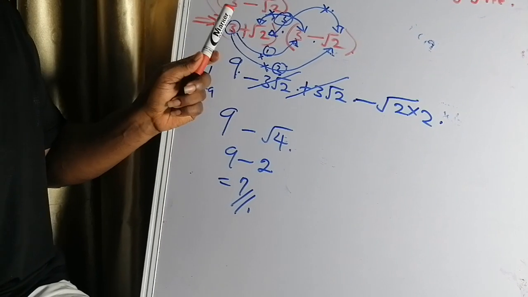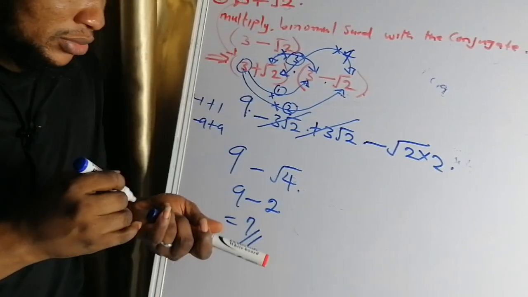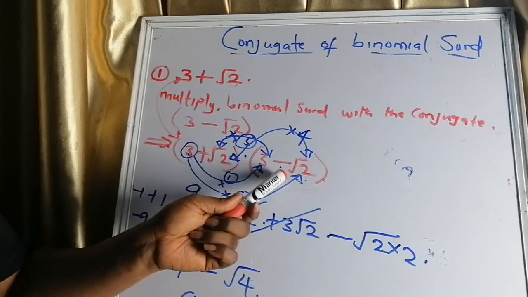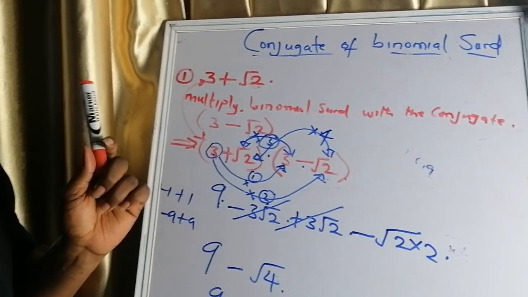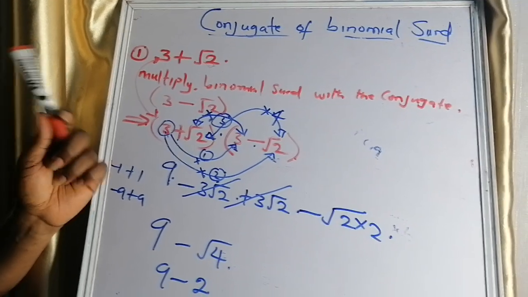Then step 4 will now be pick one root, then 2 times 2. That's multiplication of surds that I mentioned in one of our classes, which is part 2 or part 3.